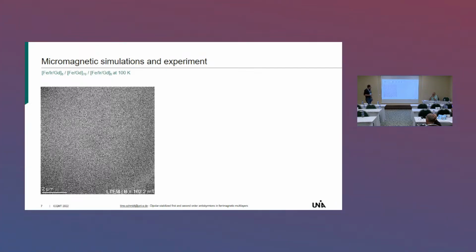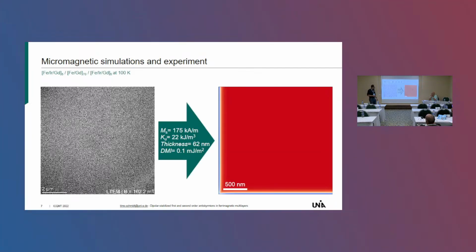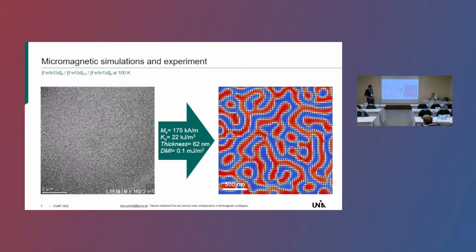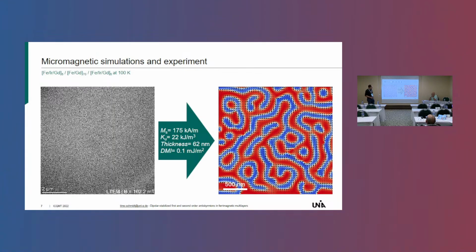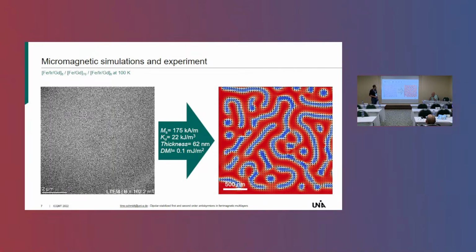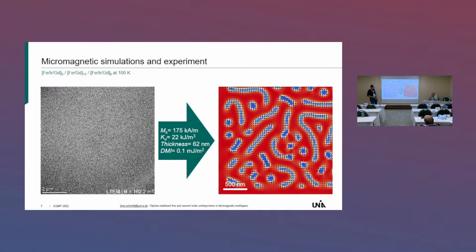But that was the experiment, and our friends from Vienna, thank you, Sabri, also did some micromagnetic simulations for us with these parameters. I also have a film for that. We have a more zoomed-in picture of our structure, and we can see these walls getting smaller. And I guess here round particles are forming. You can then see that all of the stripe domains break up into bubbles eventually, somewhere around here.